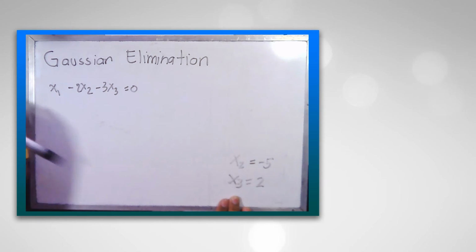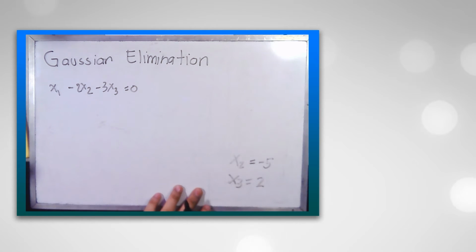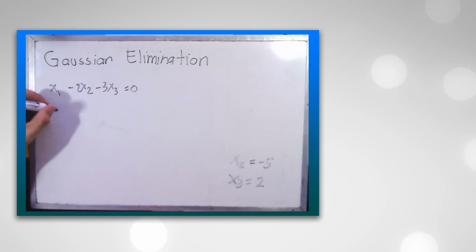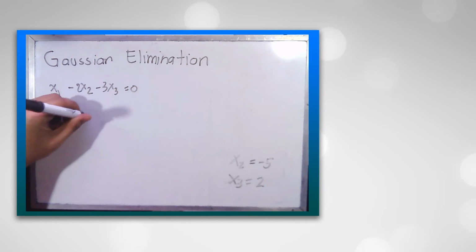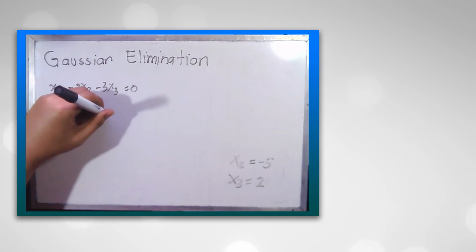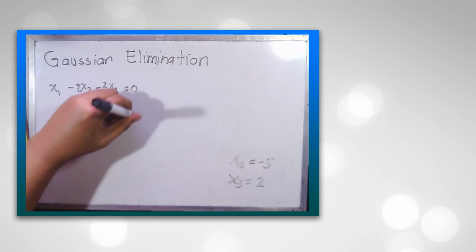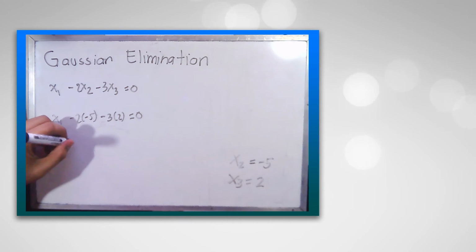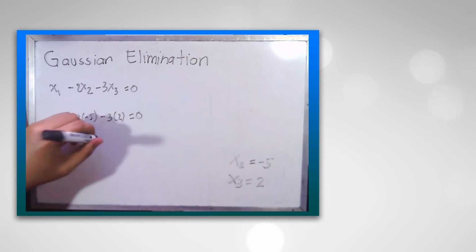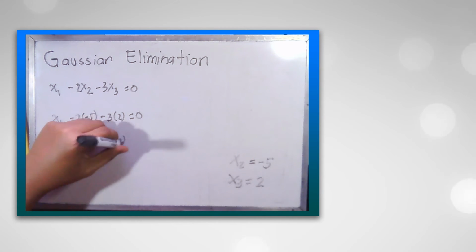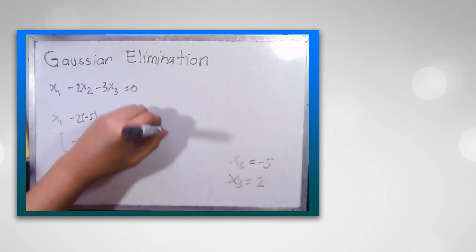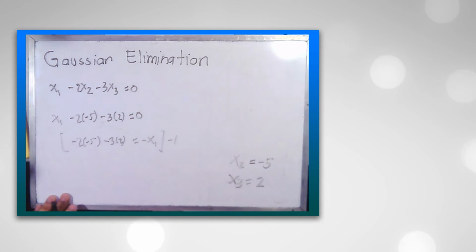Having the value, we will now be substituting this 2 here. So -2 times -5 minus 3 times 2 is equal to 0. Don't forget the x1. Then we could simply just transpose the x1 to the other side and then multiply both sides by -1.